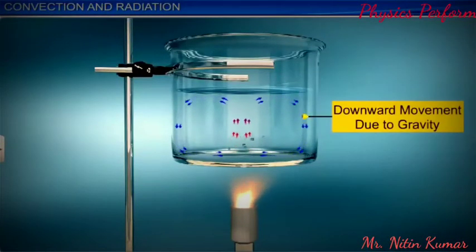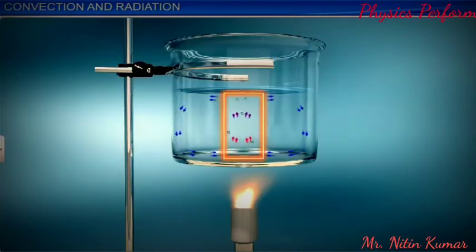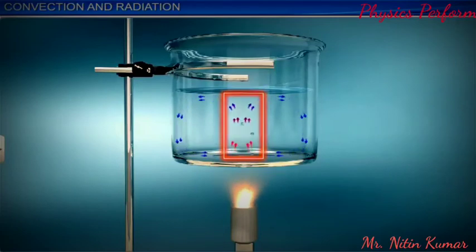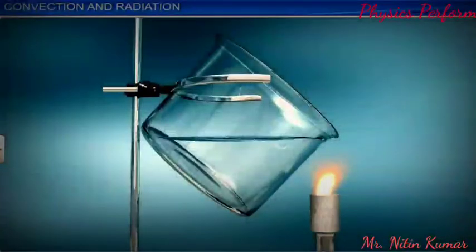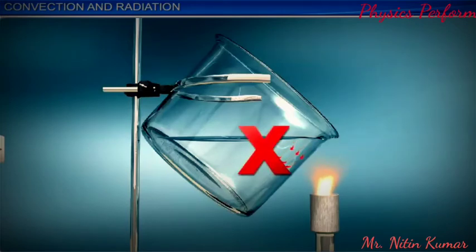Gravity plays an important role in natural convection. That is why, in natural convection, heating is always in the upward direction. If the container is heated at the top, transmission of heat by convection does not take place in the downward direction.